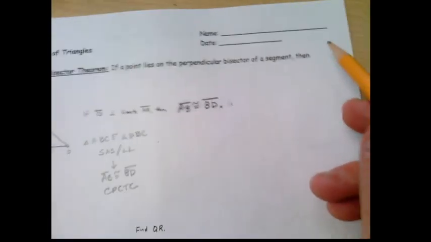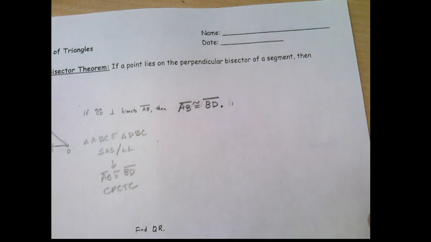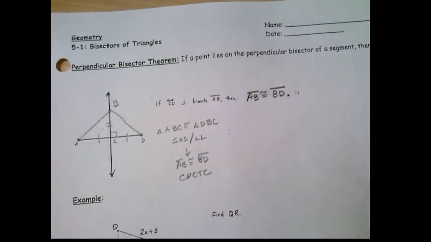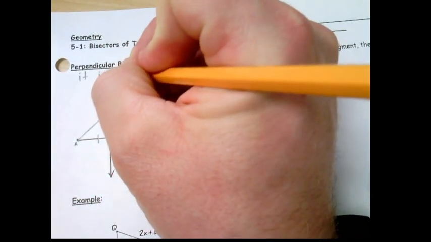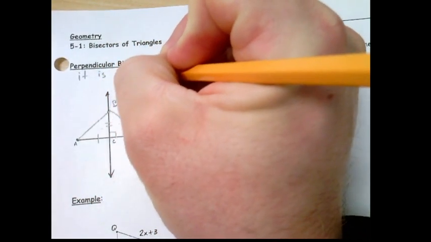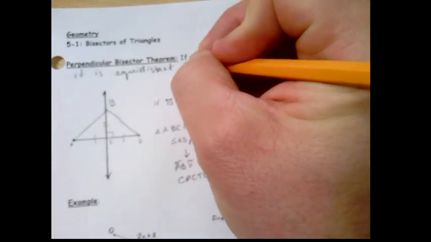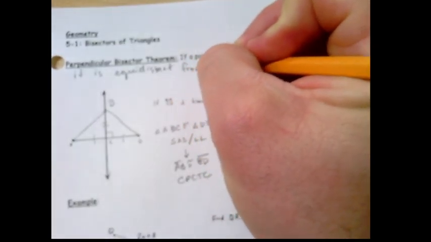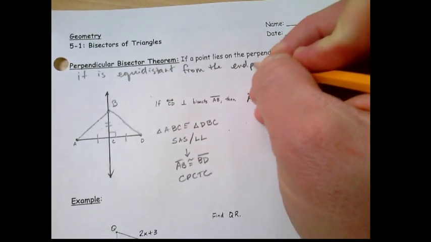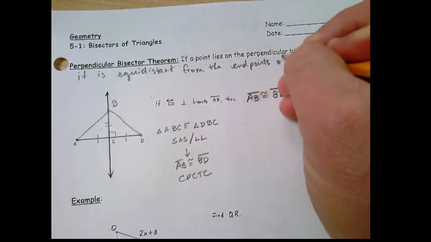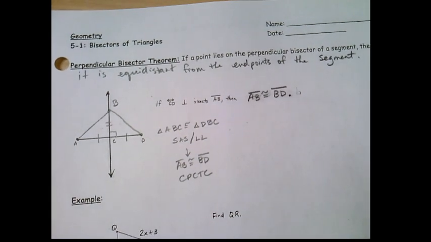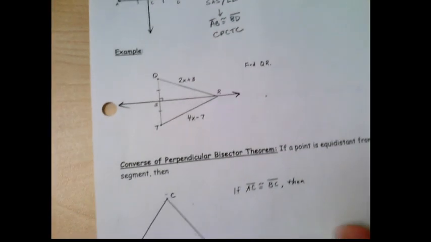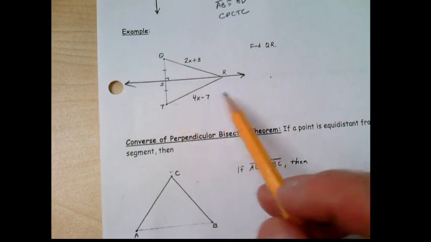So the conclusion is this: if a point lies on the perpendicular bisector of a segment, then it is equidistant from the endpoints of the segment.